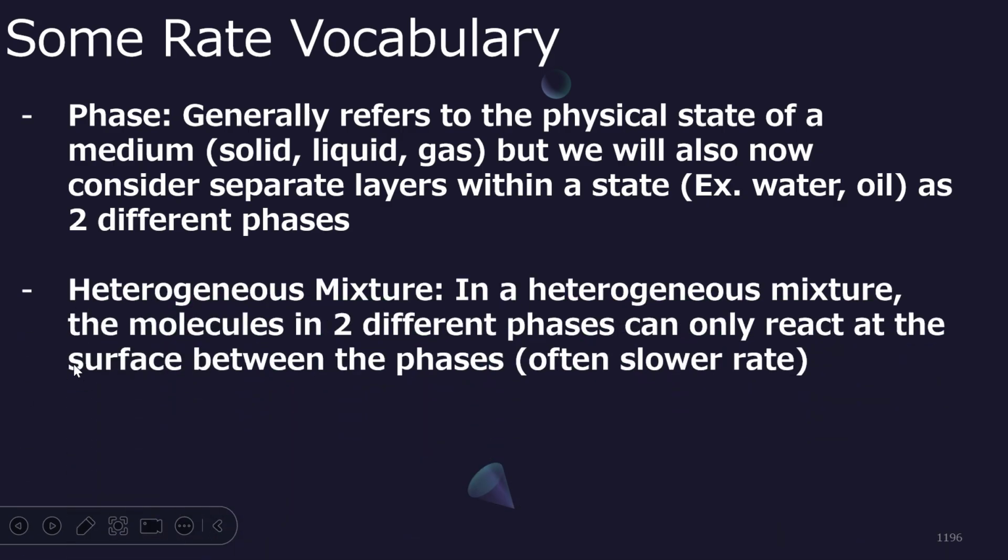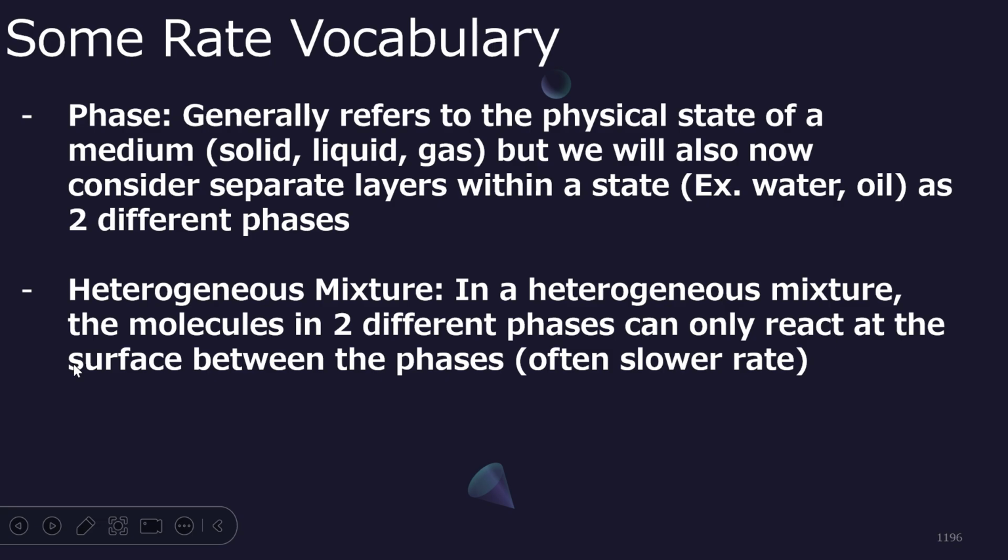So heterogeneous mixture, this was also from early on in the mixtures section of this course. Hopefully you remember that a heterogeneous mixture has the molecules in 2 different phases. They can only react at the surface between the phases. Before, we described this as not being evenly distributed and having regions of different density, now we can describe it a little bit as different phases, right?